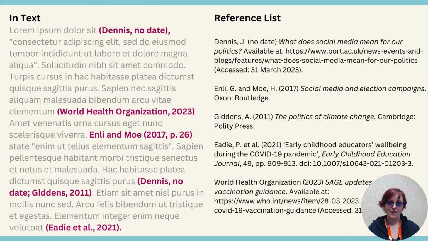Harvard referencing is a two-part process, the in-text citation and the reference list. The in-text citation, which goes in the main body of your assignment, gives an indication that the idea or statements you are making is from an alternative source.